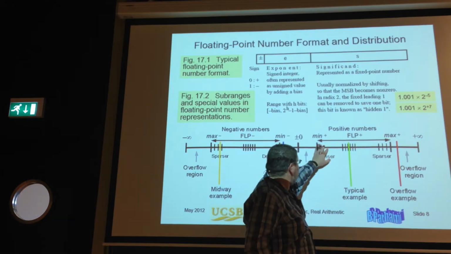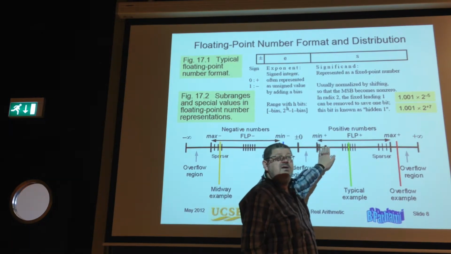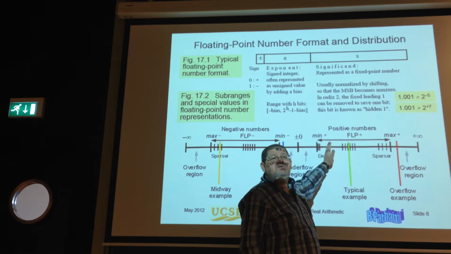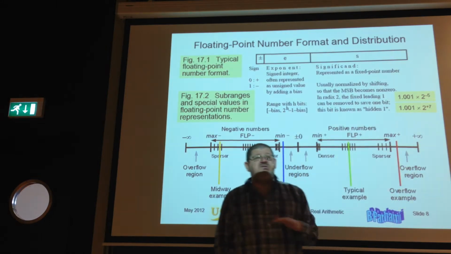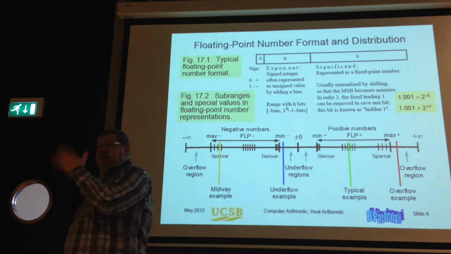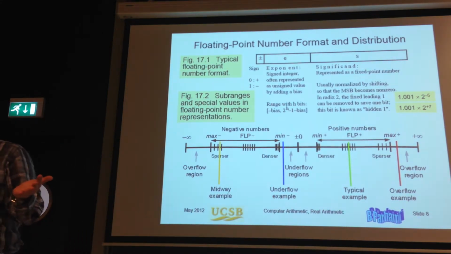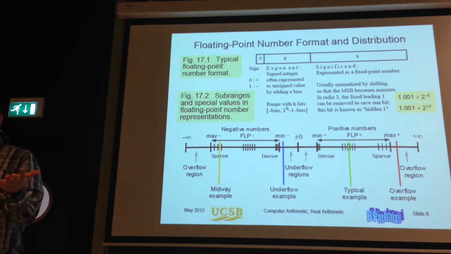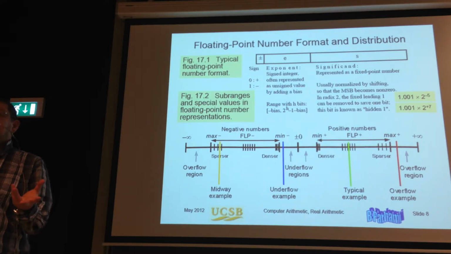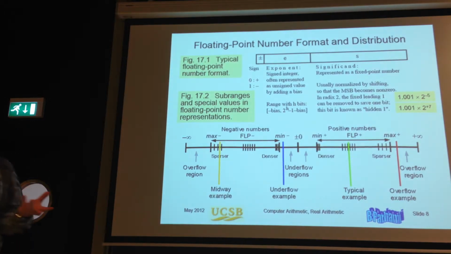Closer to the minimum, I have denser, then I can sample numbers with better accuracy. Closer to the maximum is sparser. Then some numbers I cannot represent, which means that some numbers I have to evaluate or to have an imprecise representation.